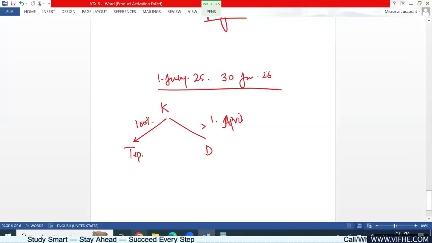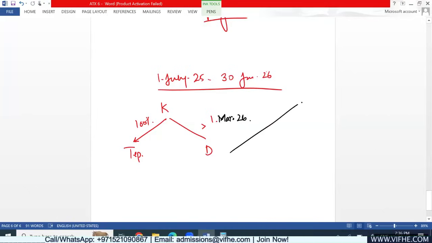April, I believe, 1st of March. So they acquired the control on 1st of March 26. And before 1st of March, Dibis Limited was in the control of Dolma Limited.